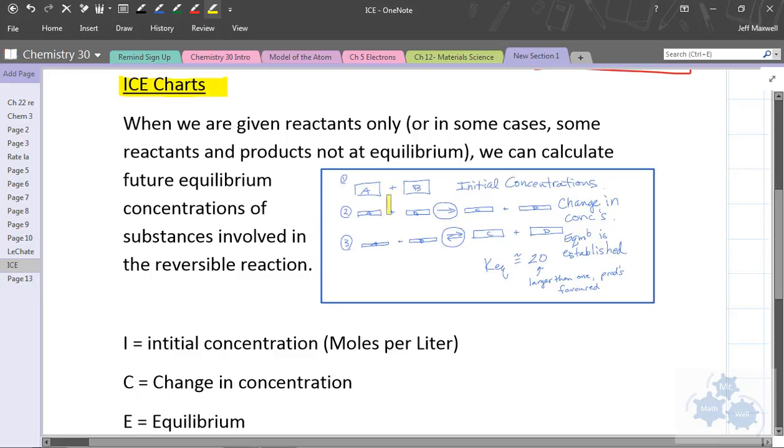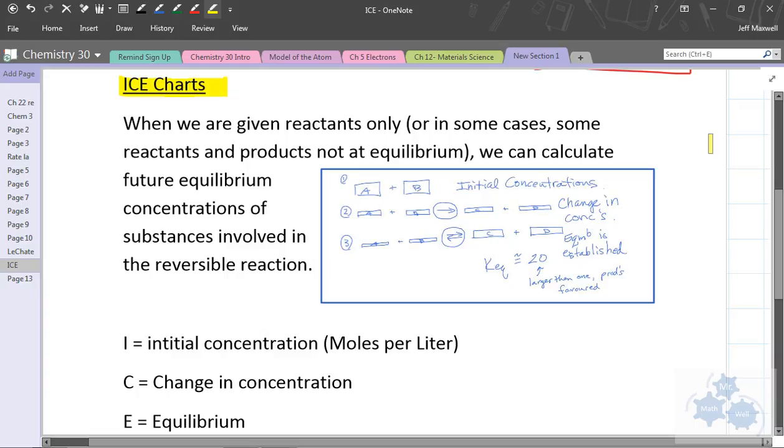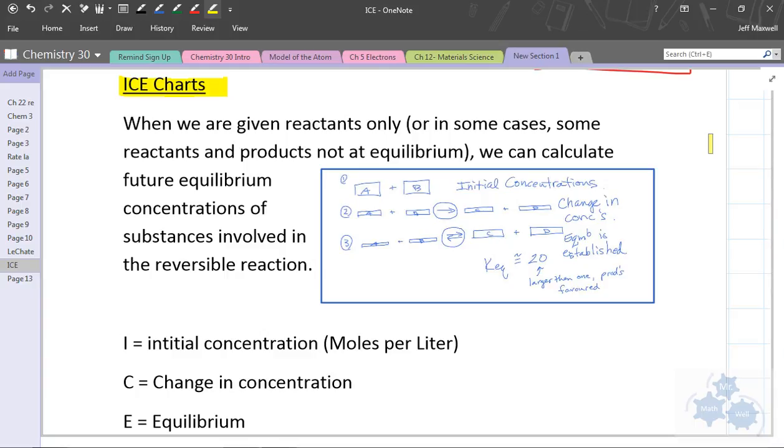So when you start off with just reactants, those reactants are going to be allowed to react and then reach an equilibrium. So if you're asked a question about, here's some reactants, we're going to allow them to react until they get to equilibrium, then what are all the concentrations of everything that's there? That's a totally different question than you're at equilibrium and let's change some conditions.